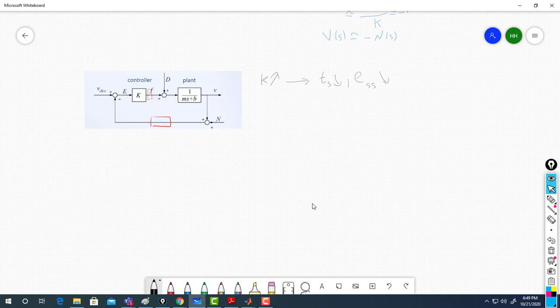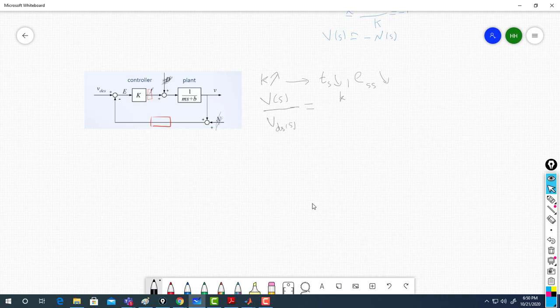Let's assume for simplicity I don't have noise and I don't have disturbance on my system. Then my system has one input, one output. So V of S over V desired of S. Can you help me count it?